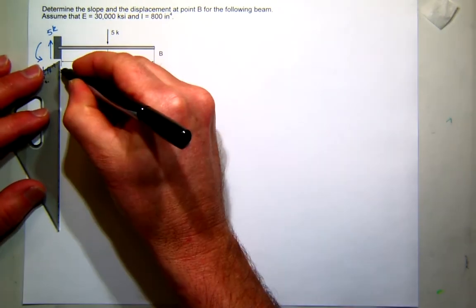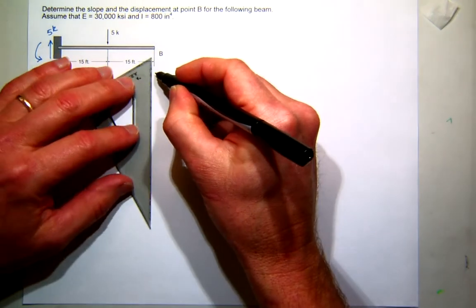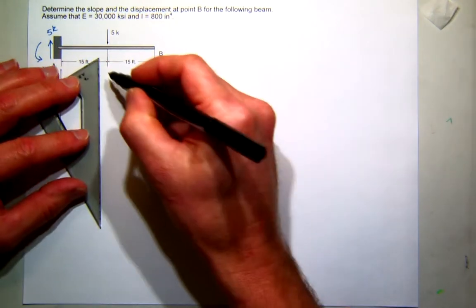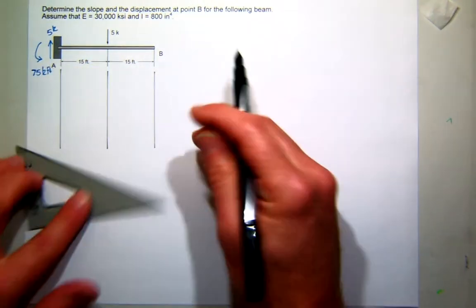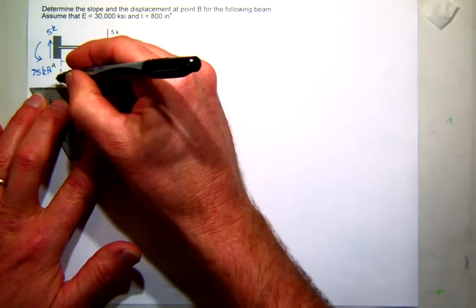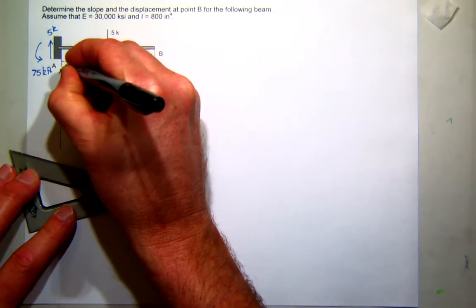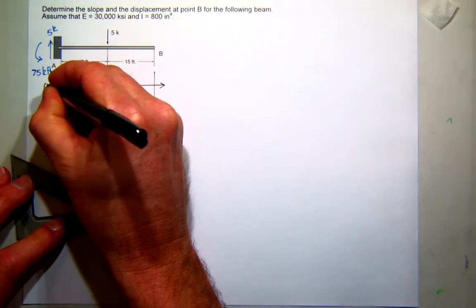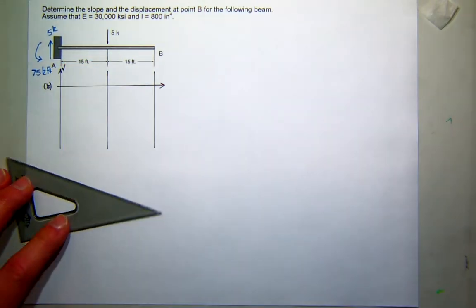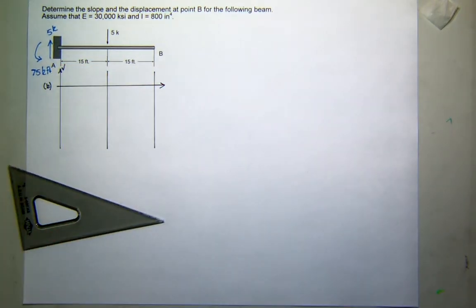So I'm going to just quickly create a little template for us to construct our shear force and bending moment diagram. So there's my positive shear, and all my values will have units of kip. What is the shear at A?